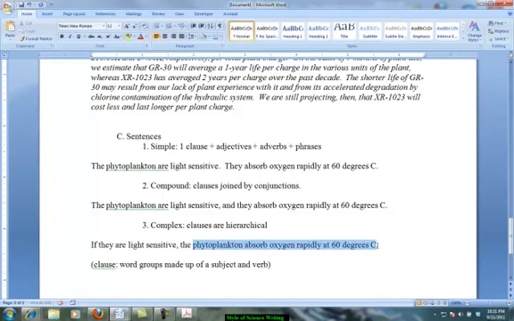This is important information. Phytoplankton absorb oxygen rapidly at 60 degrees Celsius, but this information over here has been subordinated. This is a subordinated clause because you have that if right there. If they are light sensitive, the phytoplankton absorb oxygen rapidly. So those are the three types of sentences.